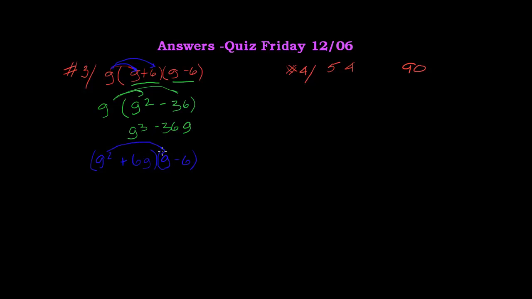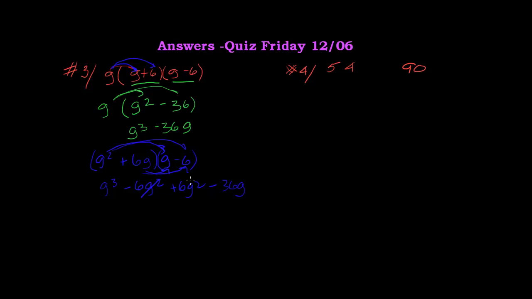Now I distribute once again, and I get g squared times g is g to the third. G squared times a negative 6 is minus 6g squared. 6g times g is plus 6g squared. 6g times negative 6 is minus 36g.